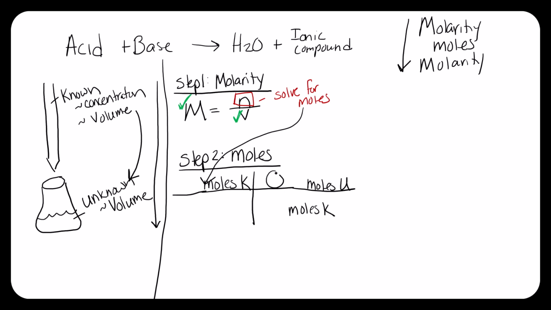So the values that go into this ratio are going to be the coefficients from the balanced chemical equation. So once we have our numbers in here, we'll see moles of known cancel. And then what we end up solving for is moles of our unknown. Okay, so that's how we get from the top of the picture to the bottom of the picture.